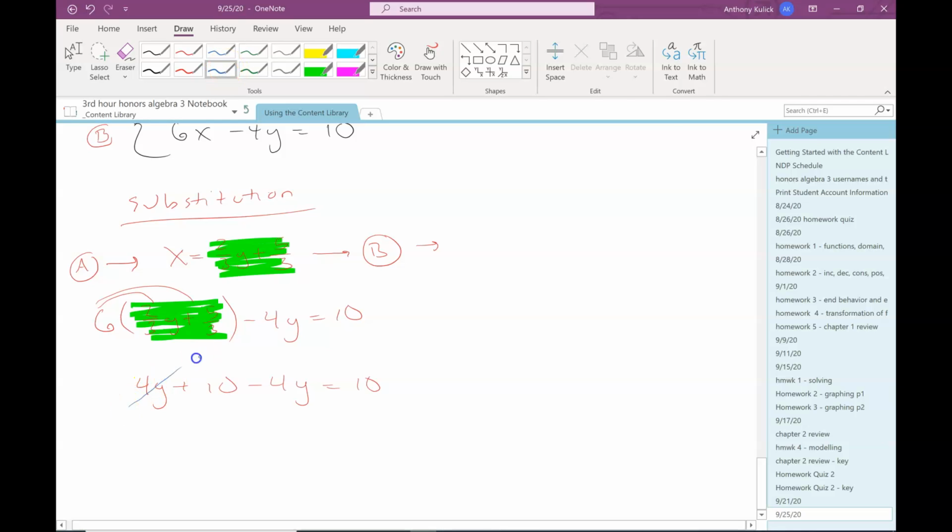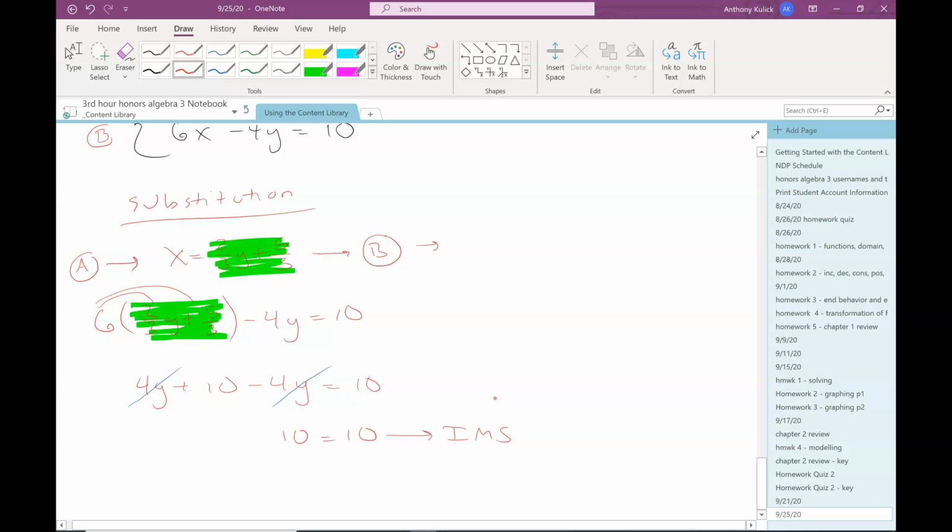And when we combine like terms, we'll notice that we're left with 10 equals 10. Is this a true statement? Yes. So this implies that we have infinitely many solutions.